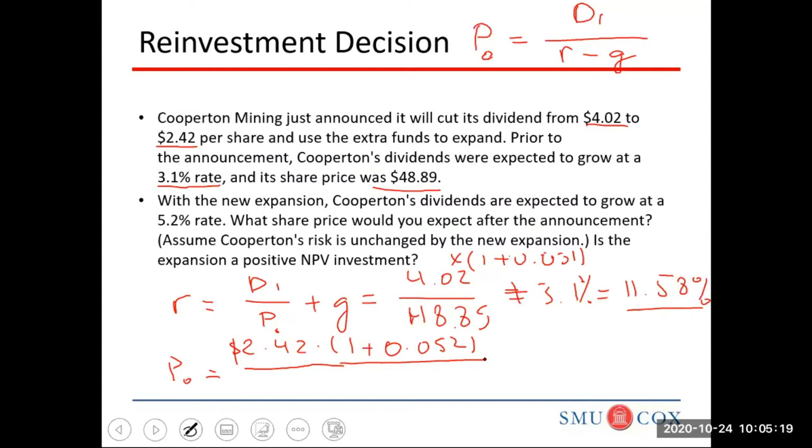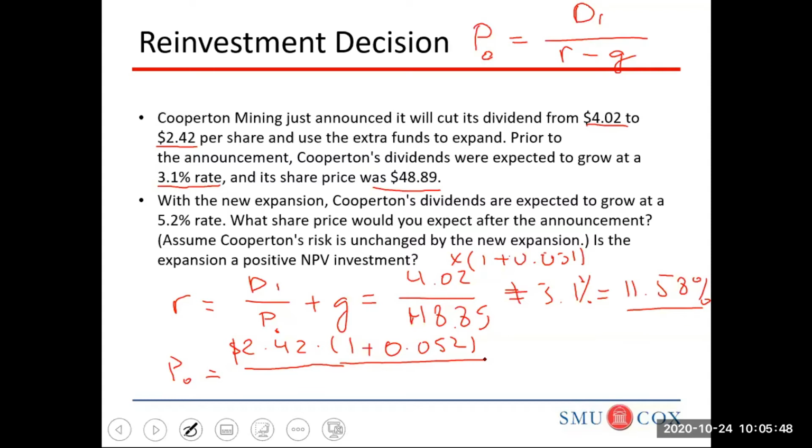Because when they say it'll cut its dividend to 2.42, it doesn't say whether it's going to be this year or next year. So you could interpret that as next year's dividend, but you have to clarify it. I take it as, if they were to pay out this new dividend today, it would be 2.42, and that's why you would increase it. But again, see how the problem is phrased.